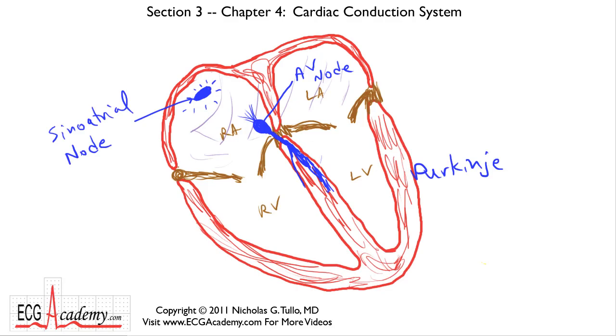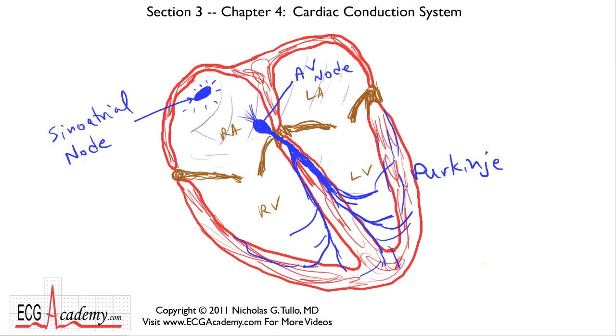And they're bundled together in the septum with a thin bundle that goes off to the right side, and we call this a bundle branch. Since it's on the right side, it's the right bundle branch. And there's a much thicker bundle of Purkinje fibers that then splits into several different major branches and then minor branches. And these very long branching specialized electrical cells basically conduct the electrical signal all through the bottom chamber.